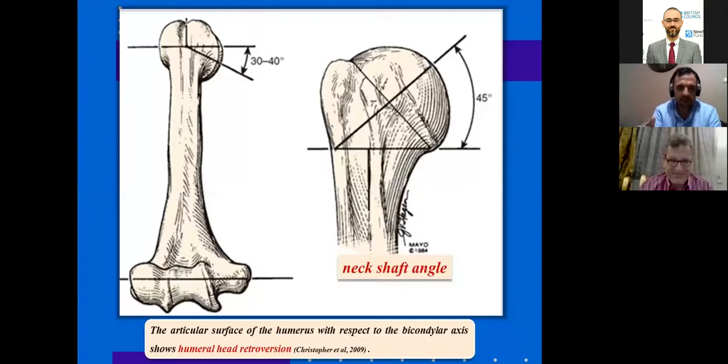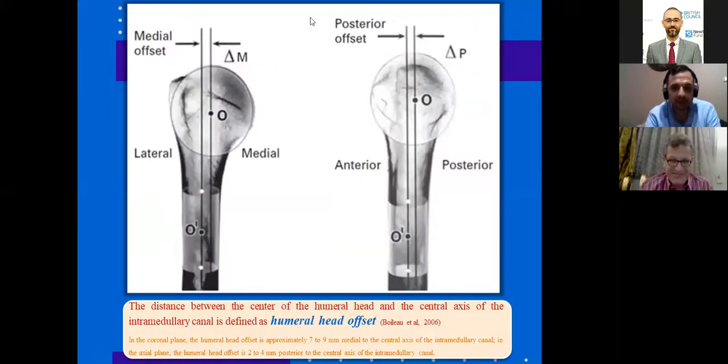So the articular surface of the humeral head with respect to the bicondylar axis shows humeral head retroversion from 30 to 40 degrees, and the neck shaft angle is 45 degrees. The distance between the center of the head and the center of the medullary canal is defined as humeral head offset.